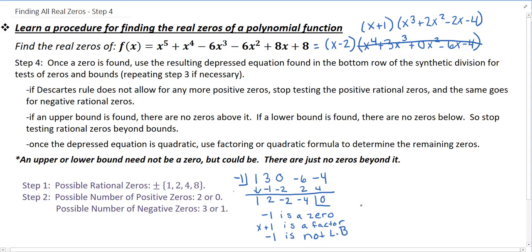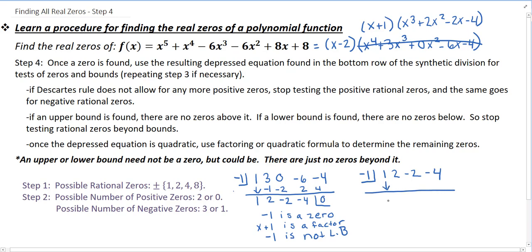But it was a 0, so since it's a 0, we now have to repeat our synthetic division testing just to see if it's a repeat 0, and we do it on the depressed equation, which again comes from that last row, and it has coefficients 1, 2, -2, -4. Don't include the remainder piece.